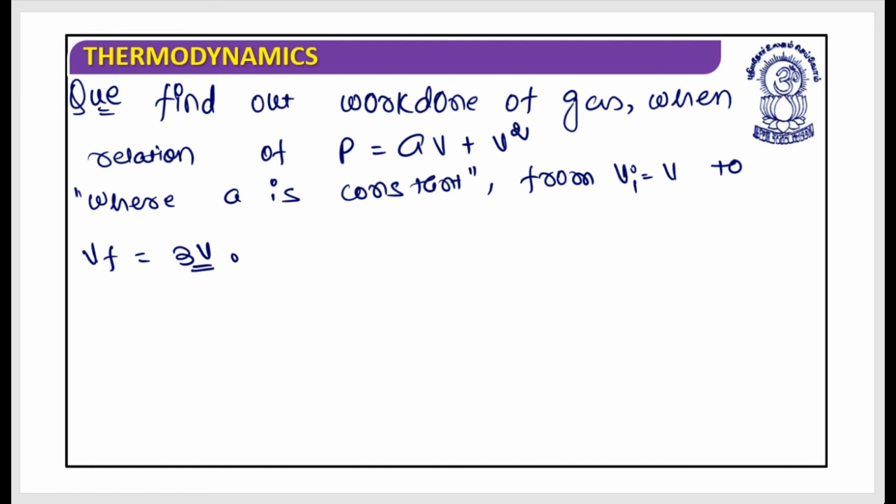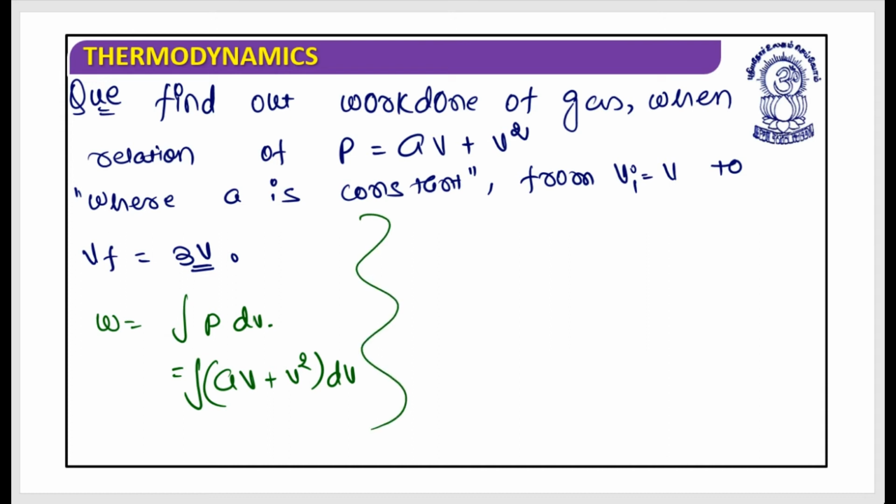So work done is equal to the integration of P dV, and P is A into V plus V square, dV. This is equal to the integration of AV dV plus the integration of V square dV.